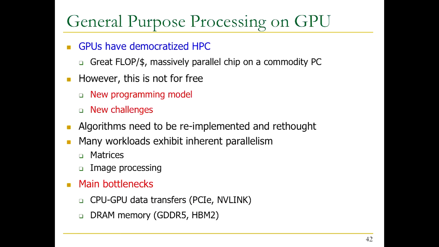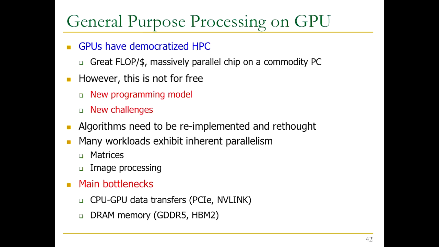This requires a much more complex transformation. That's why the slide says that algorithms need to be re-implemented and rethought. And as it was pointed out in the previous part of the presentation, the programmer really needs to take care of the underlying hardware if he or she really wants to obtain the maximum performance possible from the GPU hardware.